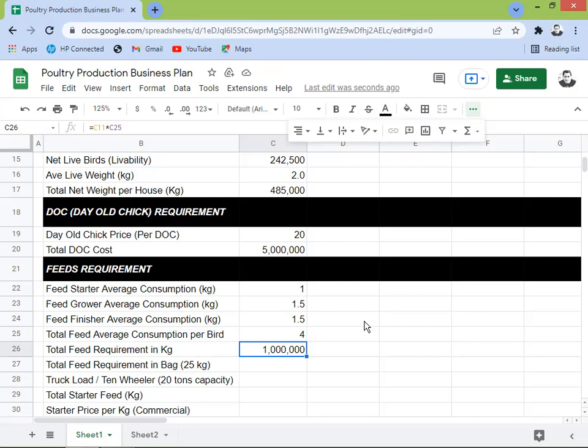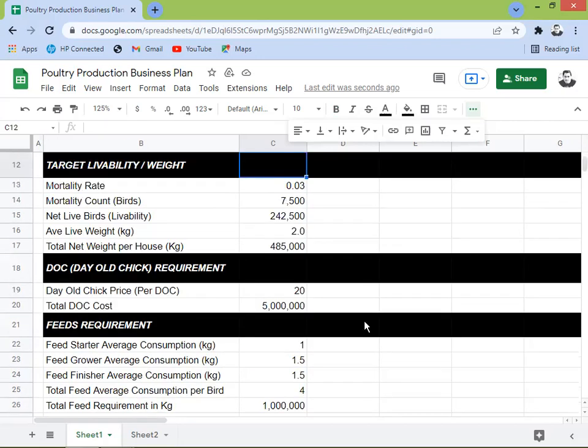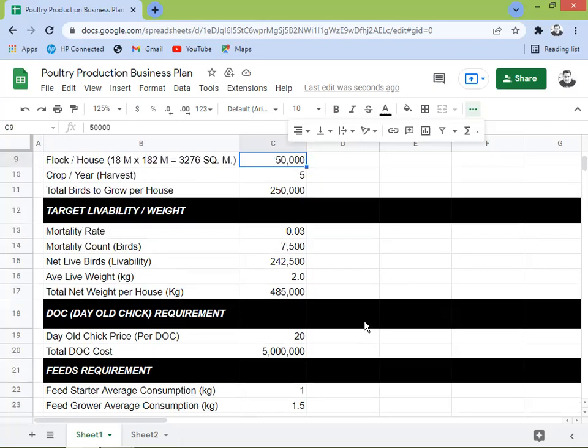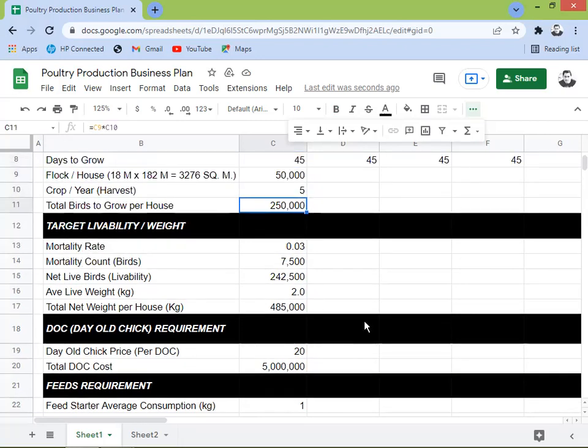We're either going to produce it ourselves, if we own our own feed mill plant, where we produce mash feeds, crumble feeds, or pellet feeds for the finisher. So the total is 1 million kilogram for the 250,000 birds that we're going to place in the house.